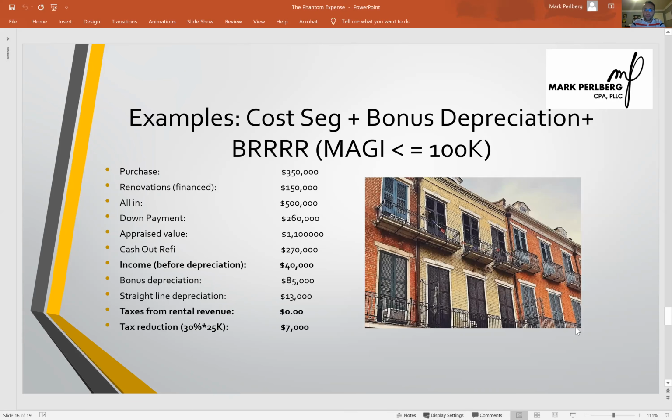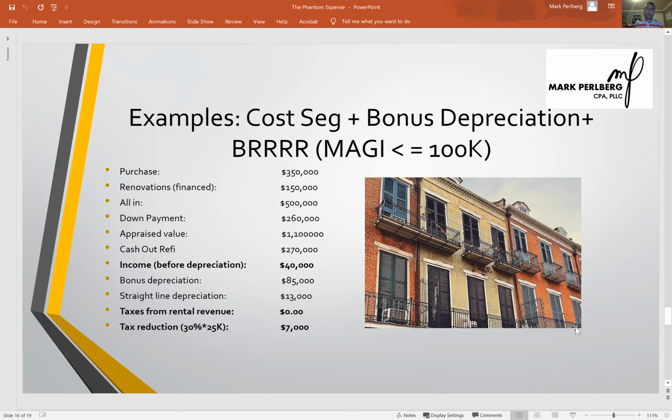Next example is if we were to combine cost segregation and bonus depreciation with the BRRRR method, popular with our BiggerPockets fans. Now, I took these numbers and rounded them out from a case study I found in the BiggerPockets forums to give a realistic example. So I saw a BiggerPockets case study where someone did a purchase of $350,000, another $150,000 to renovate, all in around $500,000.